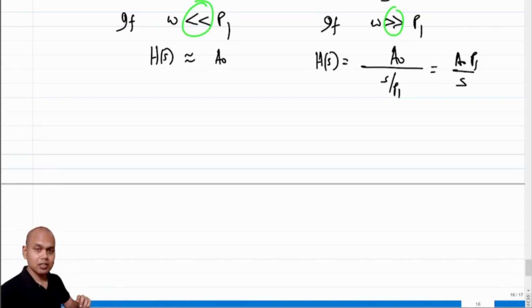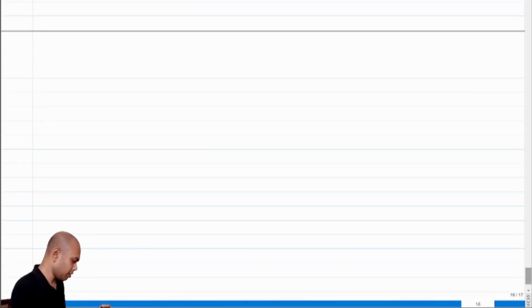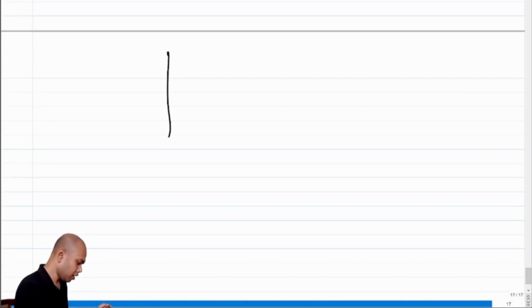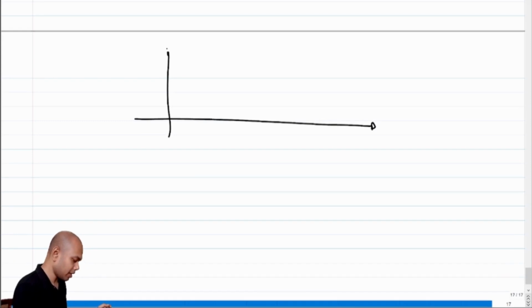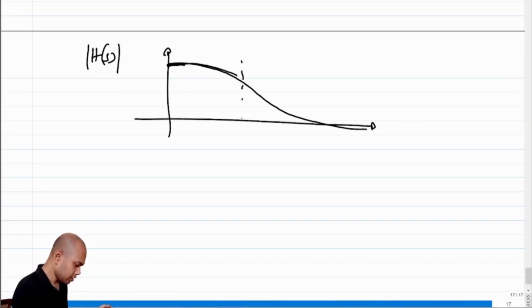Why? Because then we can express these smooth curves with straight line segments. Bode said we are good at finding solutions with straight line segments. So instead of dealing with smooth curves, let's say this is p1.